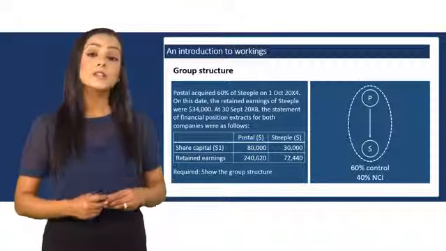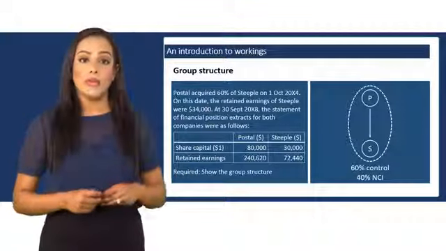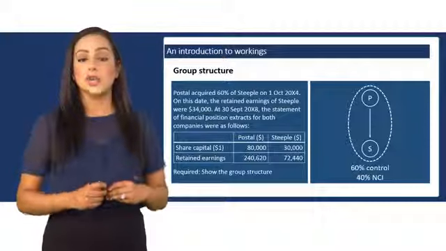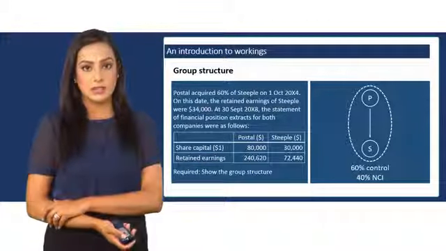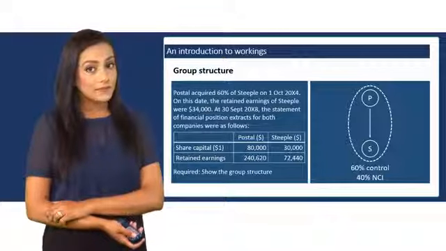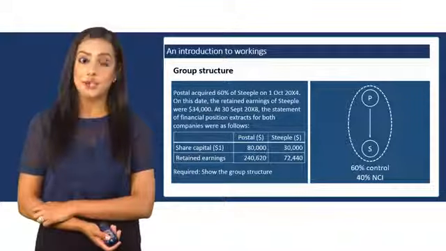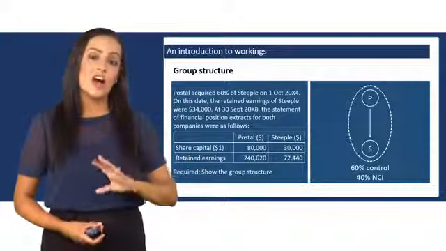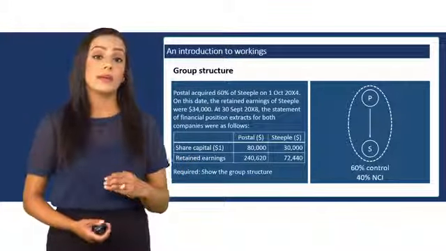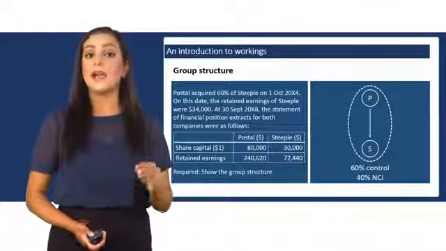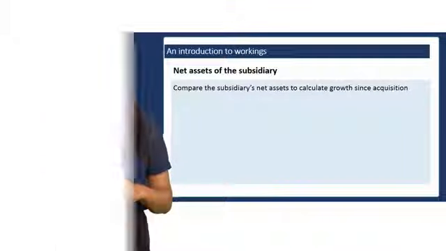Therefore, the remaining 40% is the non-controlling interest, which represents the shareholdings that is not having control over the subsidiary. And it is very important that we establish what the percentages are, because that's what the parent's going to use when doing the key workings for goodwill, NCI, and the retained earnings.